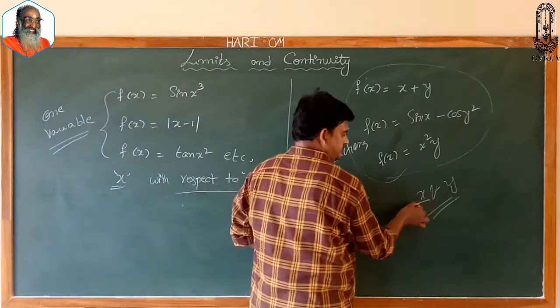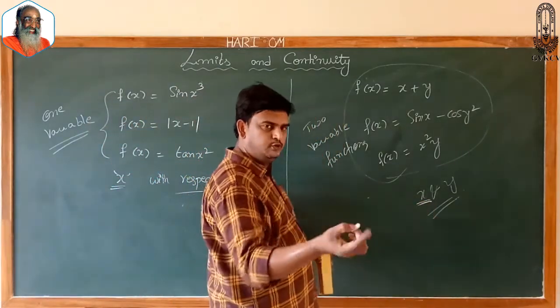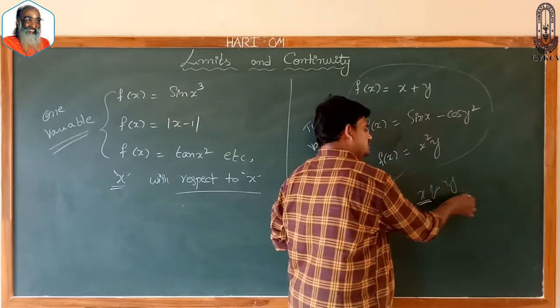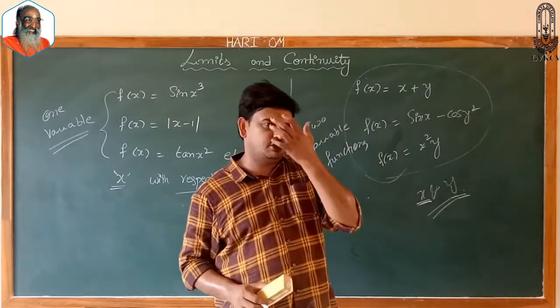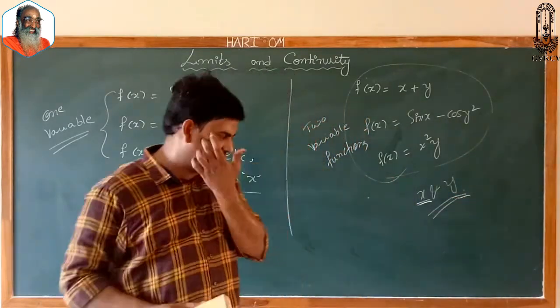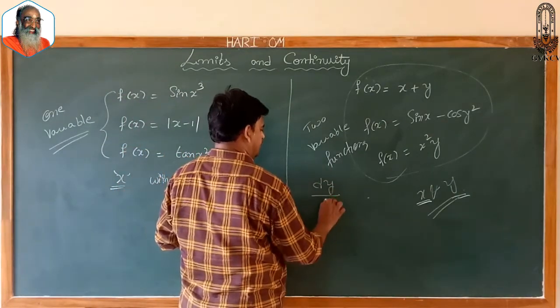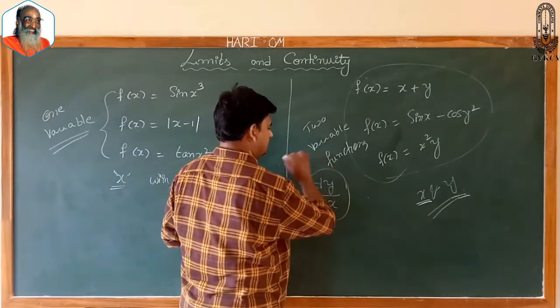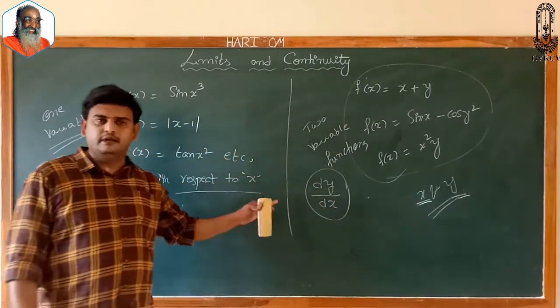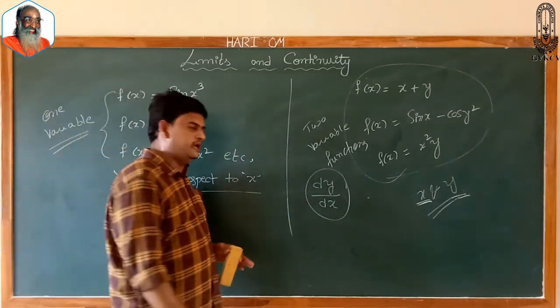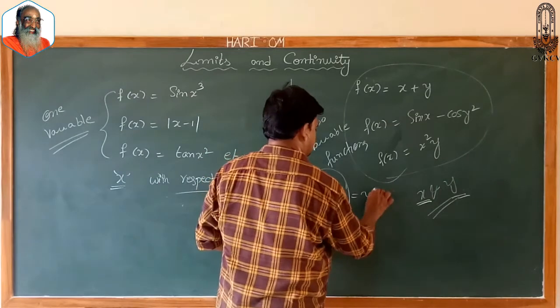Here, x we differentiate with respect to x. y is also differentiated with respect to x only. Means that when we differentiate y, we will have dy by dx, which is nothing but y dash.